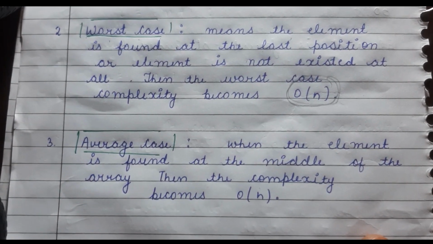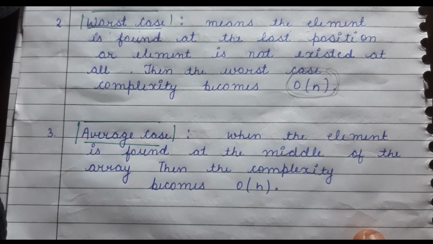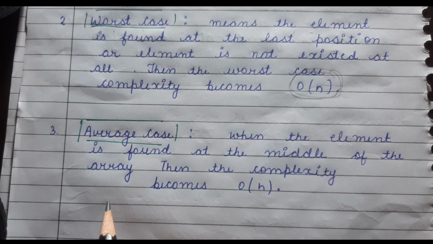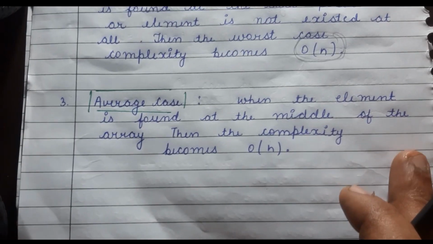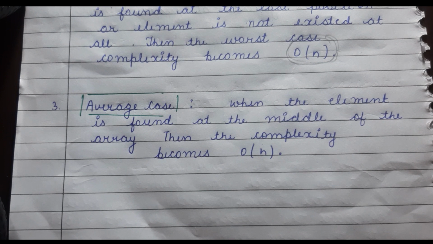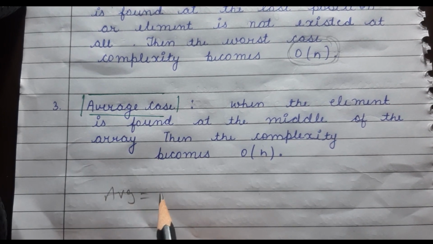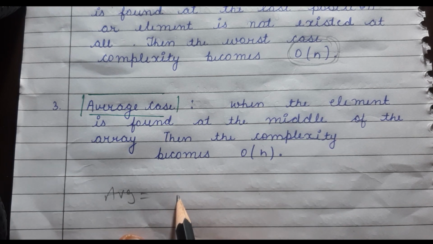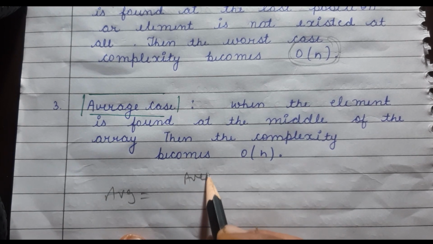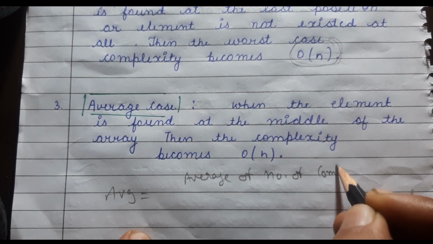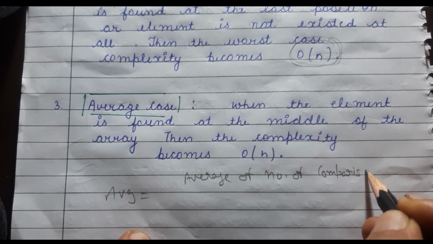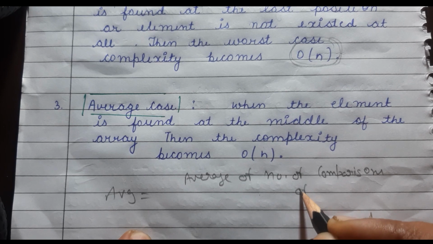Now, how do we find the average case complexity of any program or algorithm? The rule is that you have to find the average of the number of comparisons of all cases.